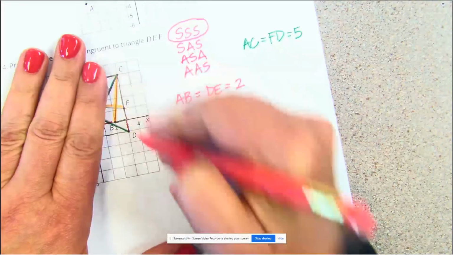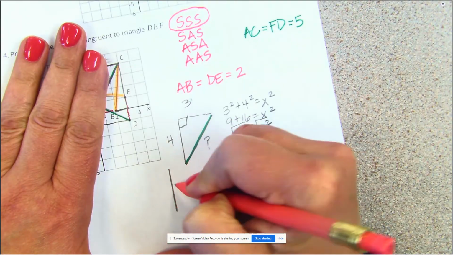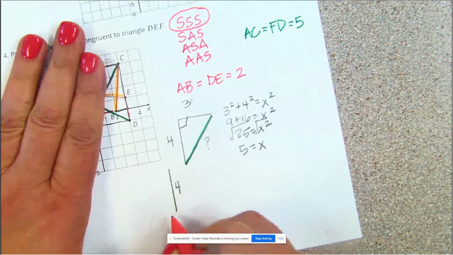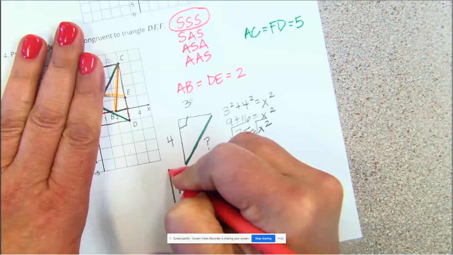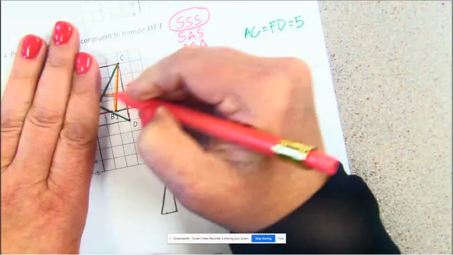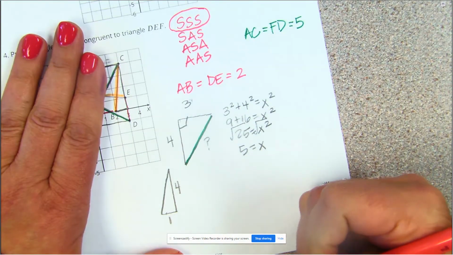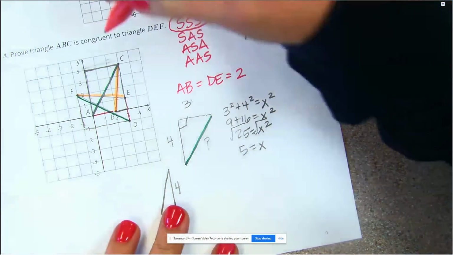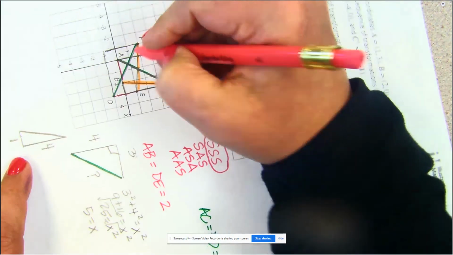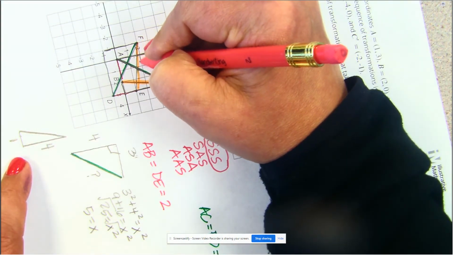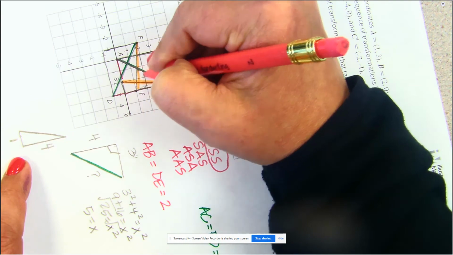So I'm going to draw that over here. That's 4 and 1. And that hypotenuse is that orange one that I just drew. So if I do Pythagorean theorem, and guess what? Look at this one. It's the same here. I'm going to turn this. Look. That's 4, 1, 2, 3, 4, and 1.